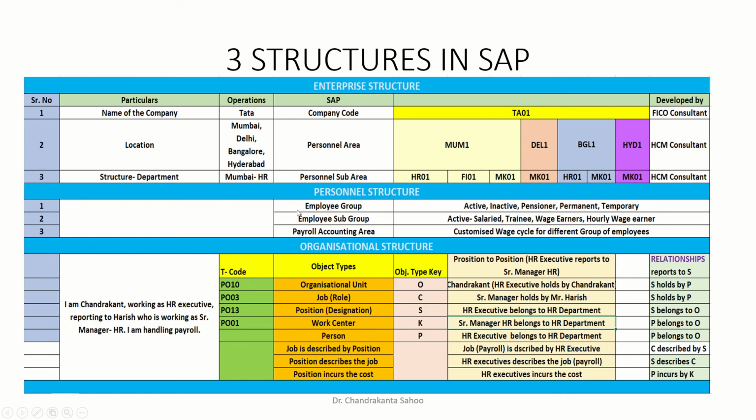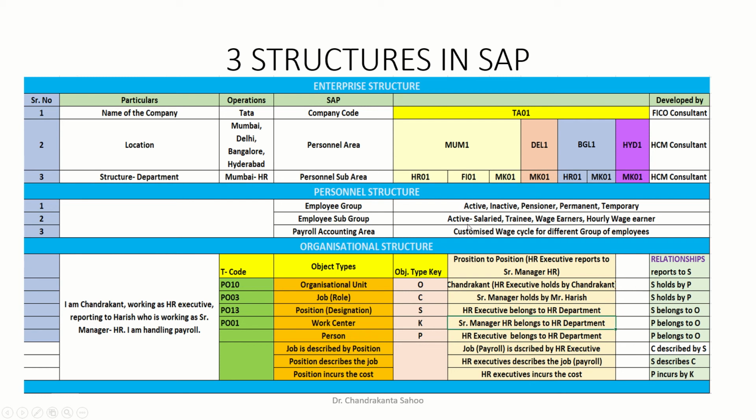So what is employee group? Employee group can be active, it can be inactive also. It can be pensioners, that means those who have already taken the exit, retirees. Permanent employee, temporary employee, these are the employee groups. These groups have to be defined clearly.